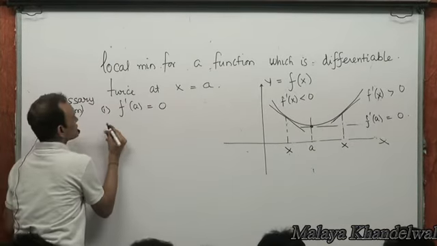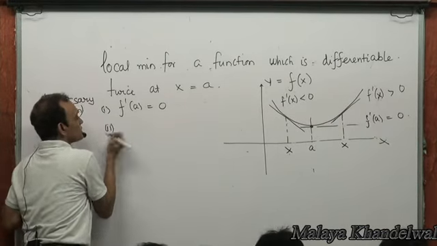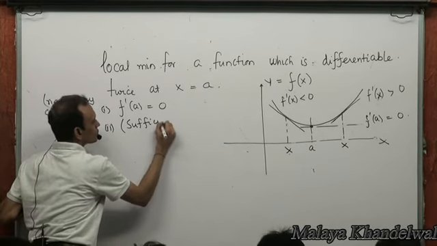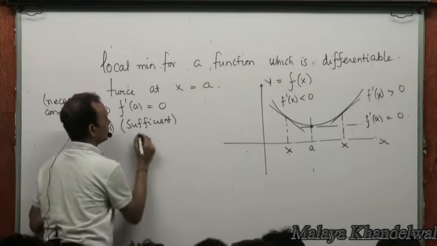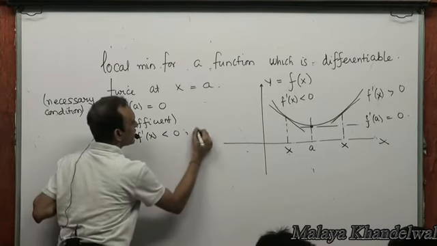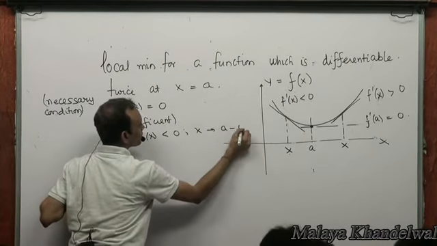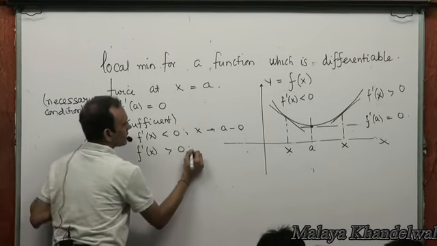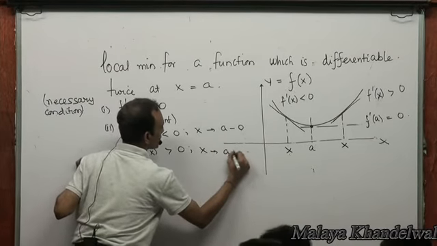So if this is necessary, then the second, which is the sufficient condition, is f dash x less than 0 when x is slightly less than a, f dash x greater than 0 if x is slightly greater than a.